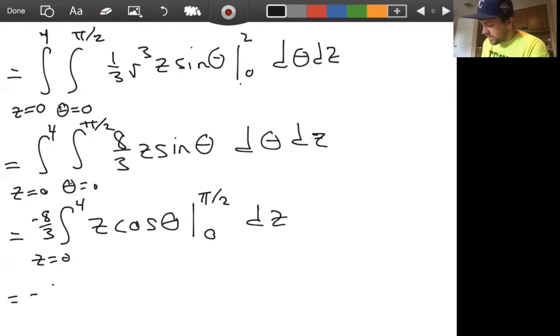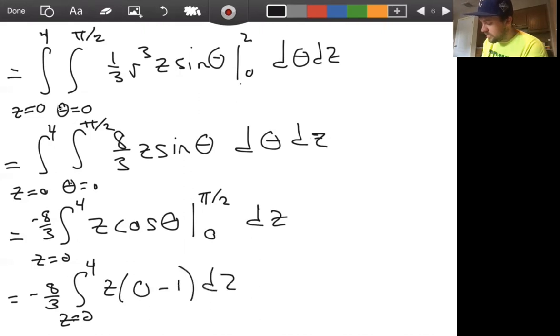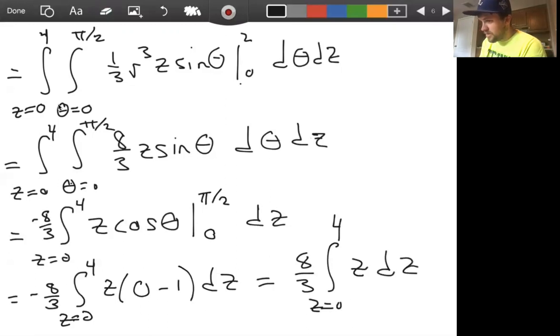This is negative 8/3, integral z equals 0 to 4 of z, and then we have cosine of pi over 2, which is 0, minus cosine of 0, which is 1, so negative 1, dz. This gives me 8/3, integral z equals 0 to 4 of z dz.